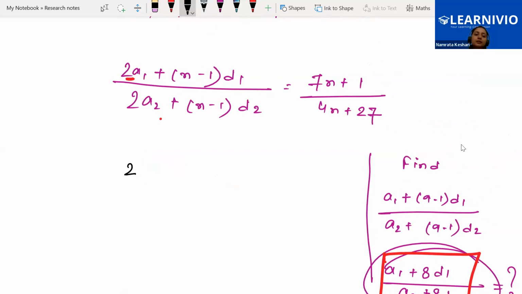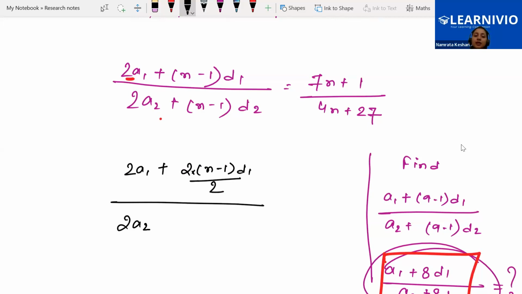We multiply by 2 and divide by 2, and then take out the common factor from the numerator. This is a step which in general we write directly. Let me write the next step and it will make sense to you.